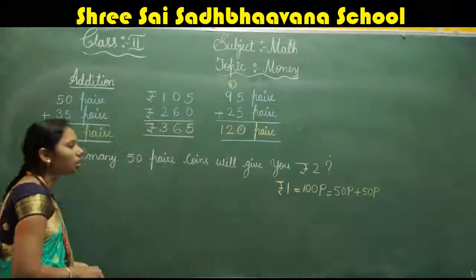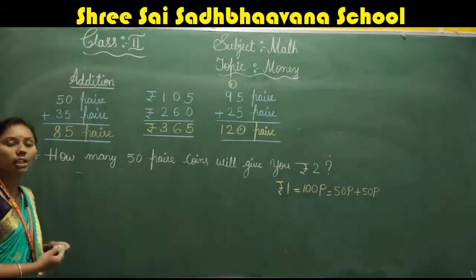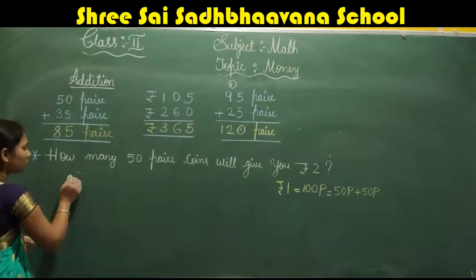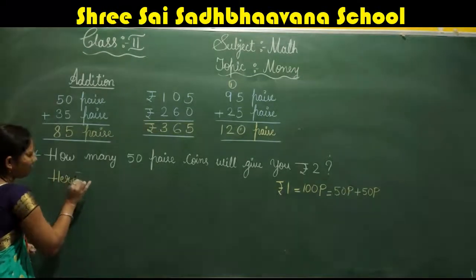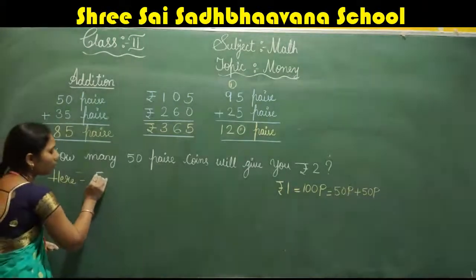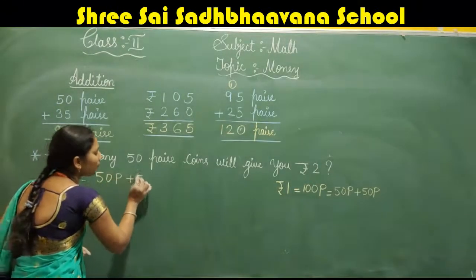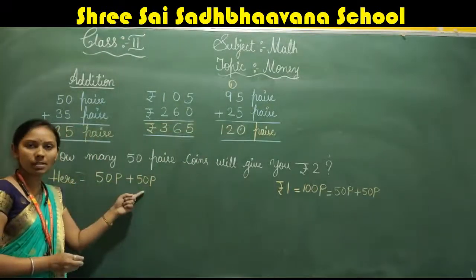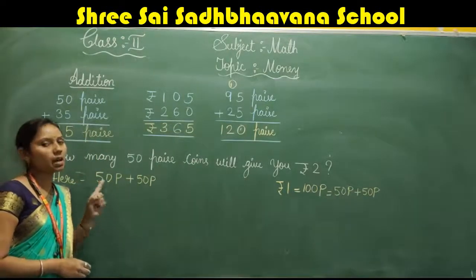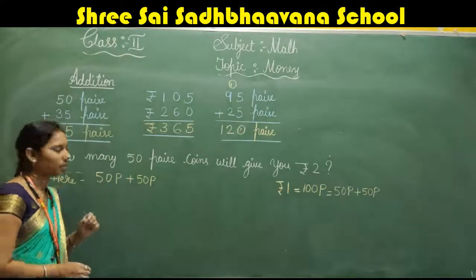In this question they are asking how many 50 paise coins will give you rupee 2. So let us see: 50 paisa plus 50 paisa, how much? 100 paisa. 100 paisa means rupee 1.